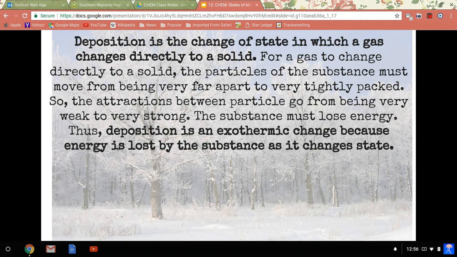And then the last one, the reverse of sublimation, is deposition. Deposition is something we've probably all seen. You probably just didn't know what it actually was. So deposition is the change of state from a gas directly into a solid. An example of deposition is frost.